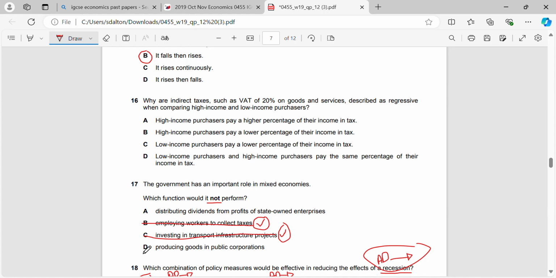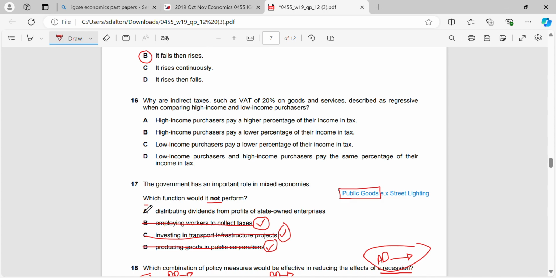And will they produce goods in public corporations? Yes, they will. So remember, one thing is that the government is going to have to produce public goods, for example, street lighting. Okay, something that we have a lot of in Beijing. They'll produce that because the private firms are not going to make these public goods because they can't make a profit from them.